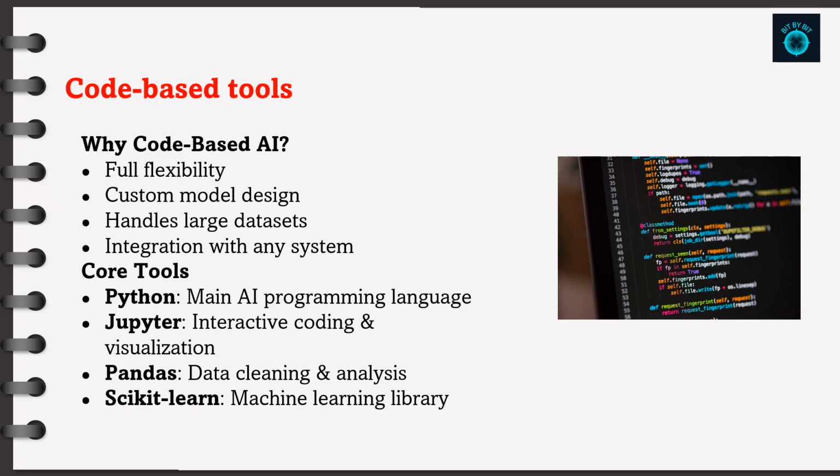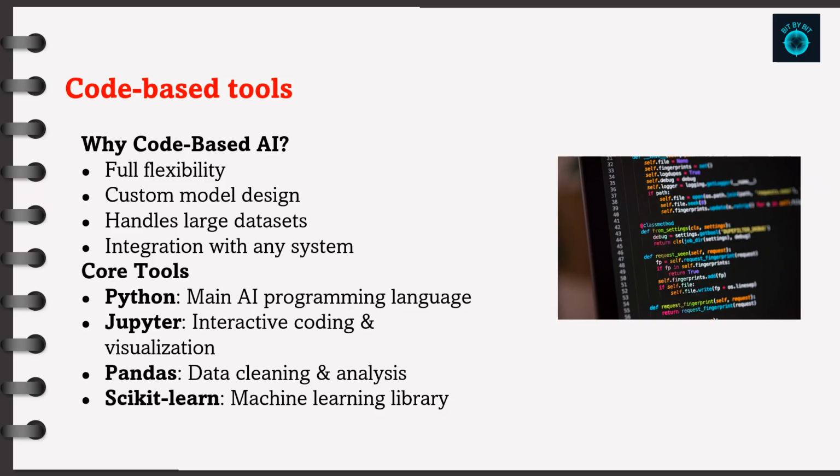Pandas is a Python library for working with structured data. It allows you to clean data, handle missing values, and perform quick analysis on datasets stored in tables. Scikit-learn is a machine learning library in Python. It includes ready-to-use algorithms for classification, regression, clustering, and more, all with consistent and easy-to-use syntax.